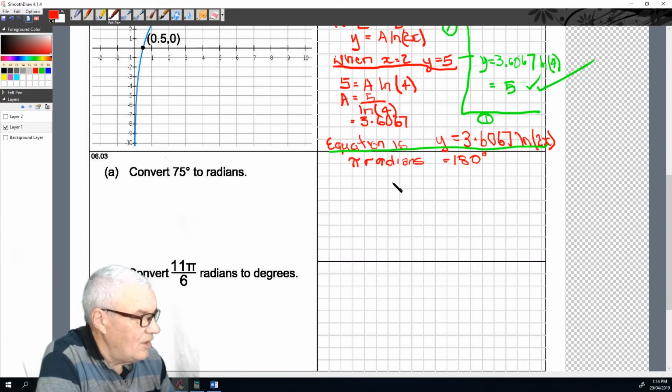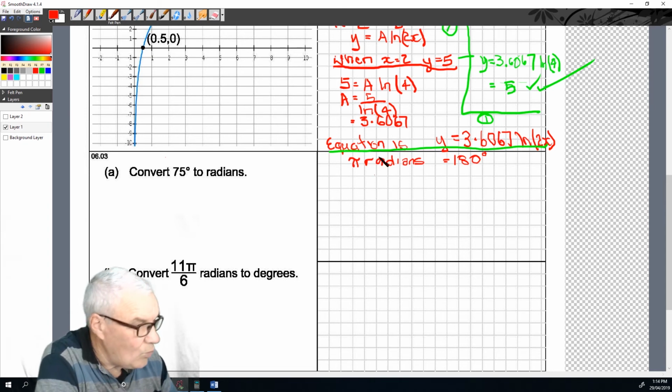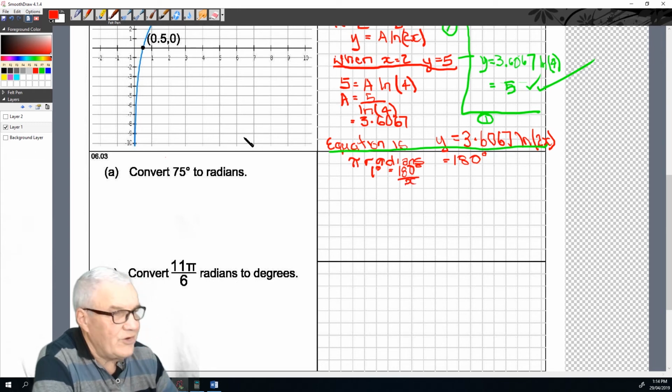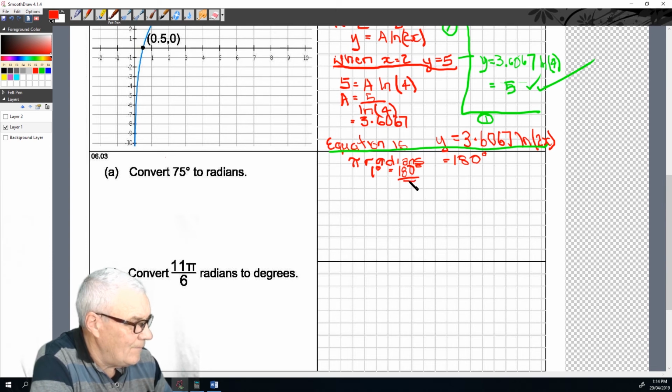Radians. Therefore, 1 degree must equal 180 degrees divided by pi radians.